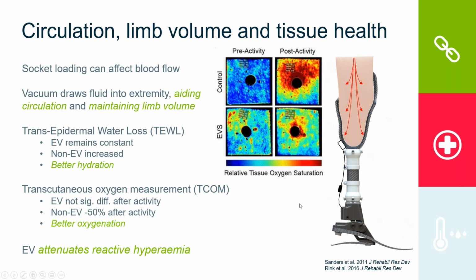When using elevated vacuum suspension, which is the bottom two squares there, there was a retention of the level of oxygenation of the tissue, whereas using different suspension methods, before a particular activity occurred there were high levels of oxygen, but post-activity there was a loss of oxygenation, which clearly has health implications for the tissue itself. So basically you get a more consistent suspension and tissue health by using elevated vacuum.